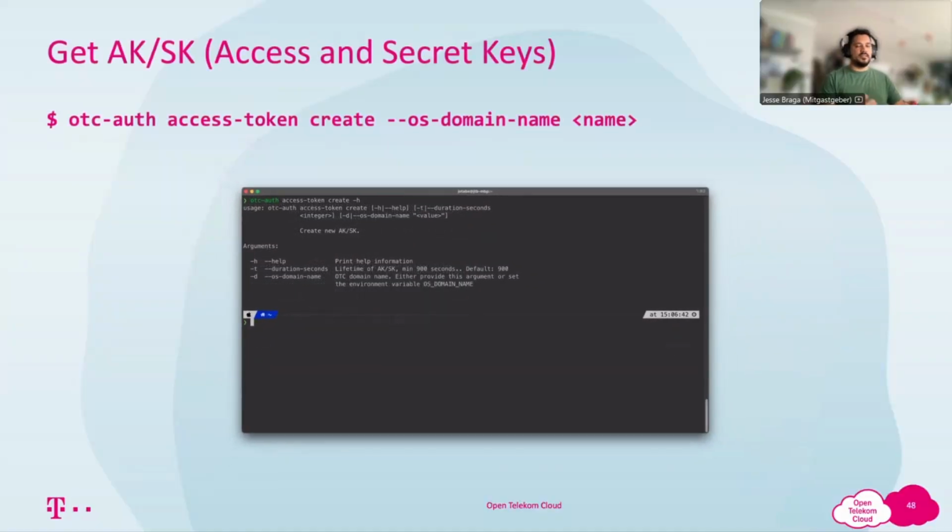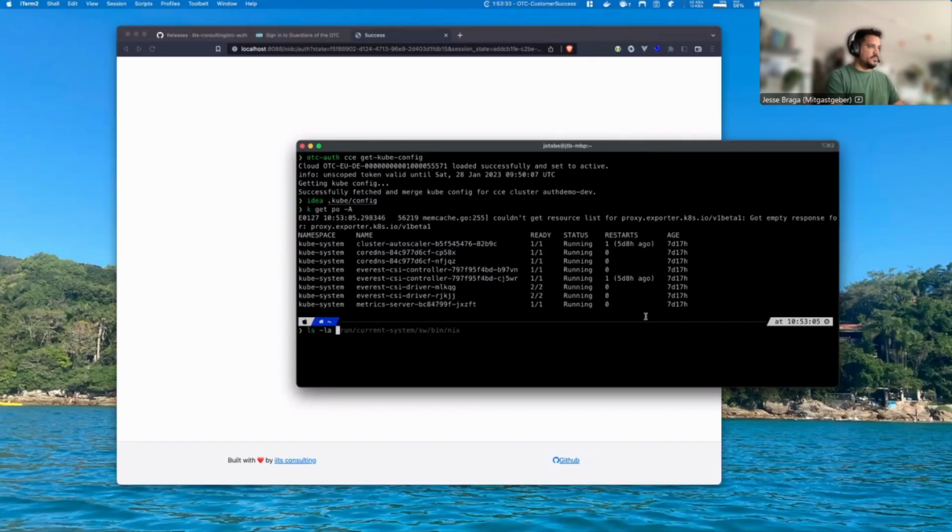Other than that, there's the access and secret key pair that Victor was talking about, that is at the moment only available on the Swiss cloud. And this is really easy to get. If we do ls with grep for anything that ends with ak, sk, env, I don't find anything.